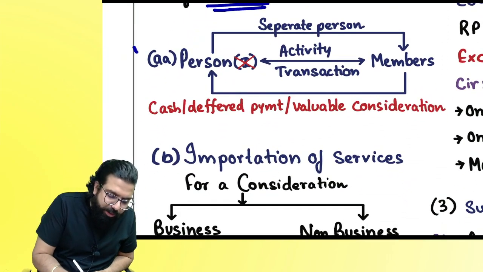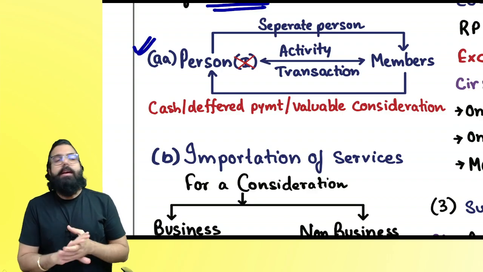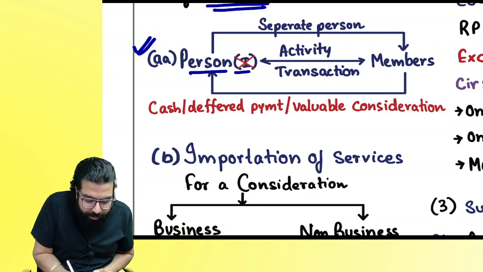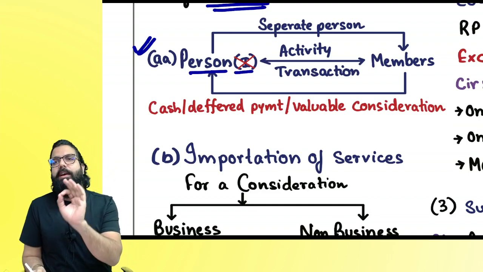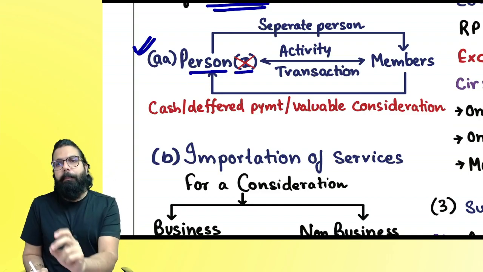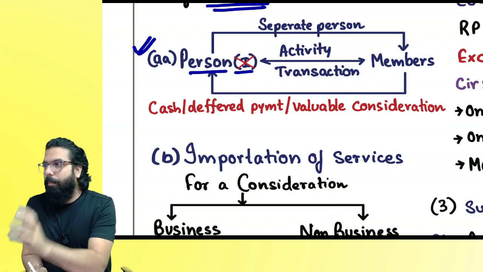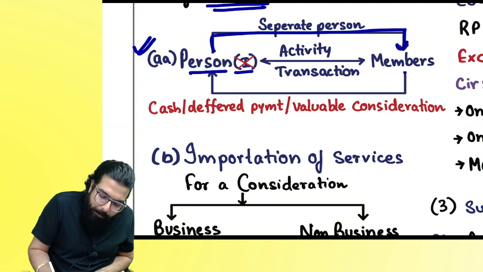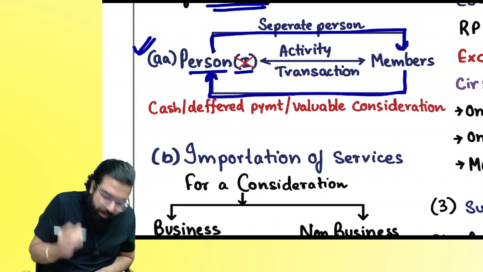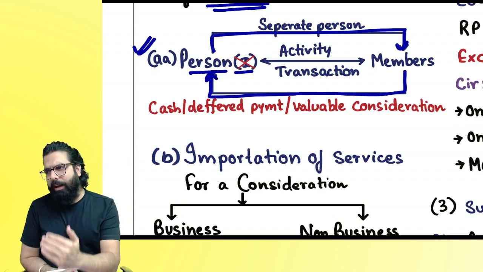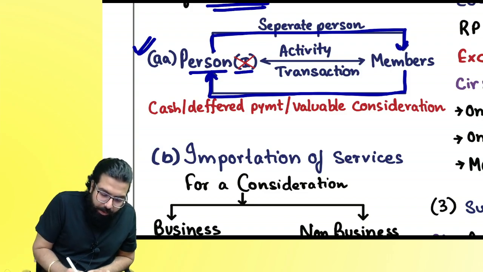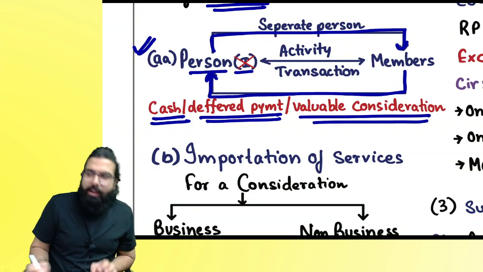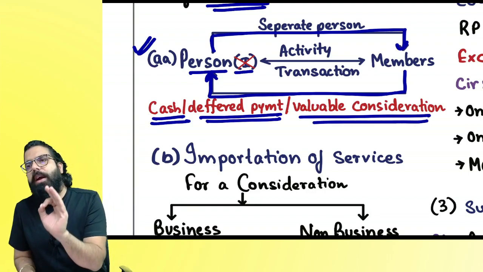Secondly, section 7.1AA says whenever any person other than an individual, such as an association, a company or a club, provides services to the members, or members provide services to the club or association, for cash, deferred payment or any valuable consideration, that will also be considered a supply.